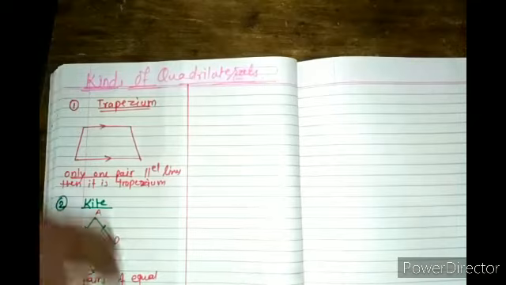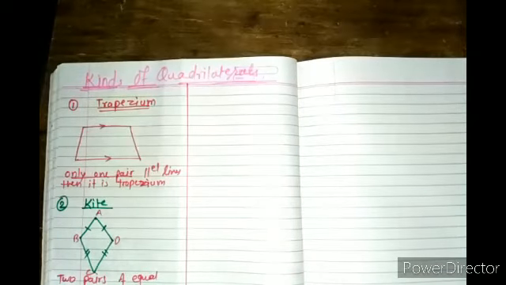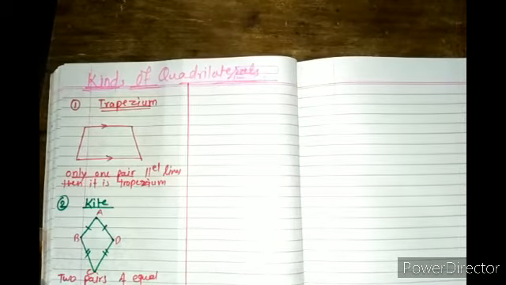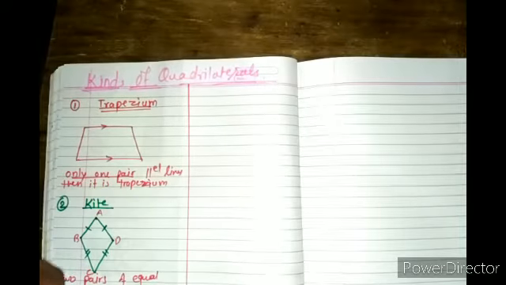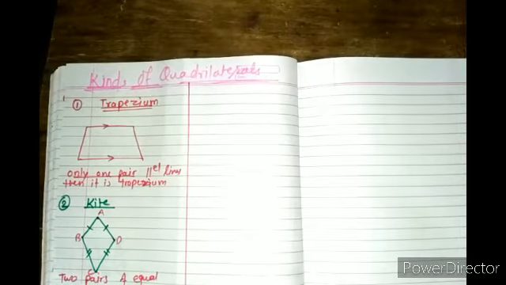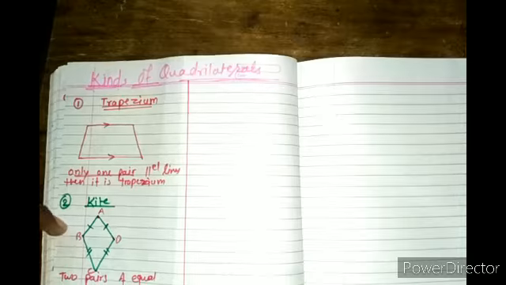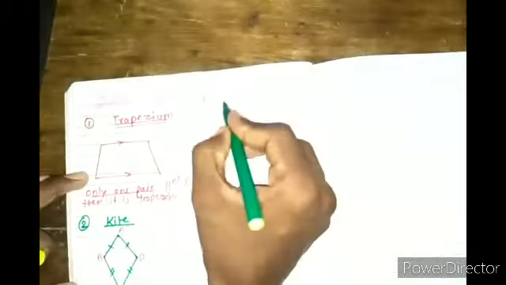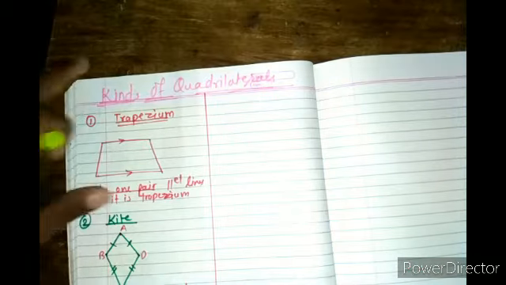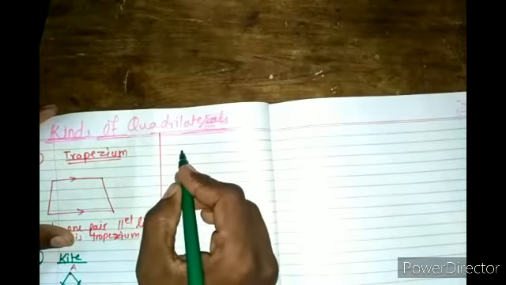Why? Because in our next exercise, most of the problems, or we can say the whole exercise, are on the parallelogram. Yes. So now, which are the elements of a parallelogram?